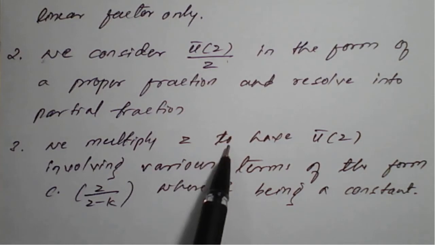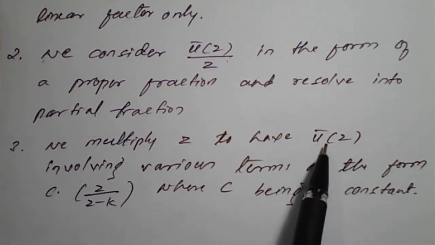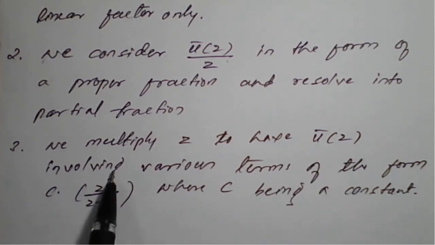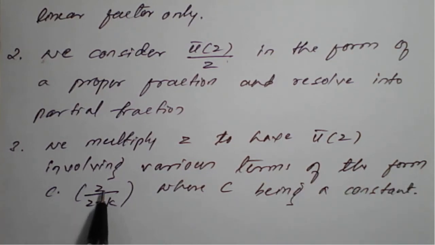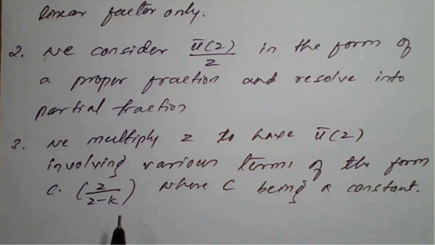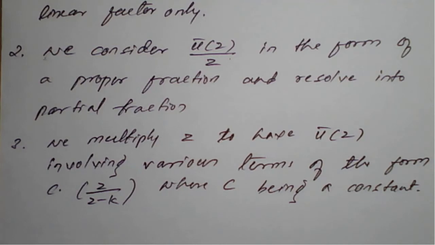we multiply z to have U dash of z involving various terms of the form c into z upon z minus k, where c is a constant. After solving, we'll get one of the partial fractions. If you solve, you will get the values of the respective constants, that is a, b, c, whatever we choose.